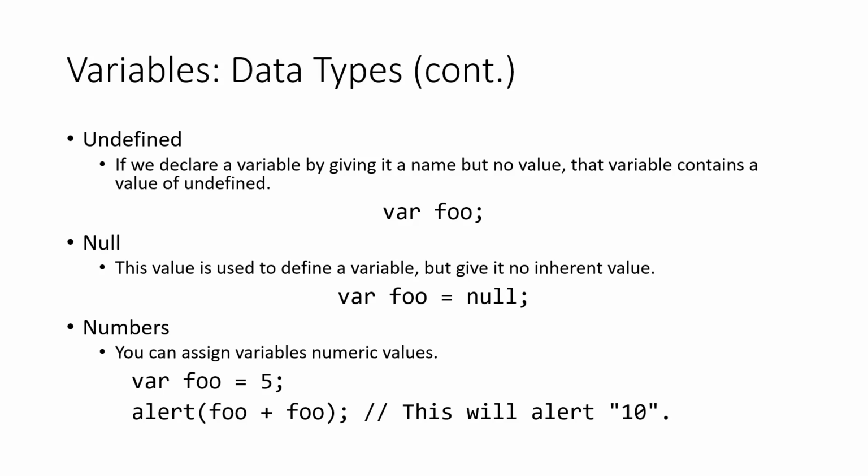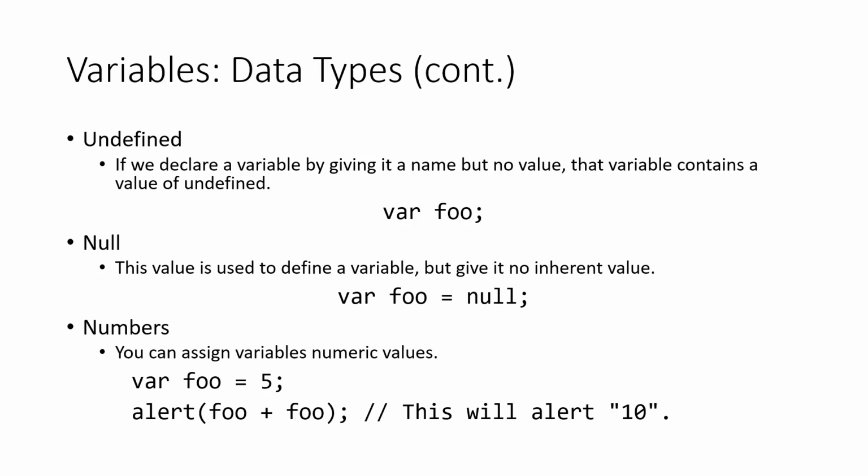For example, if you take the very first one, we have a variable foo, but we have not assigned any value. So the data type it will take is called undefined, right? So remember that this is not recommended. Always try to assign some value. You might encounter issues if you're using this.